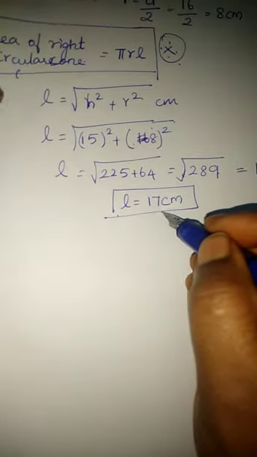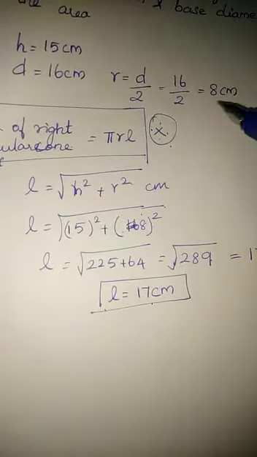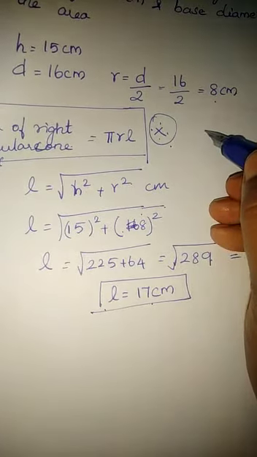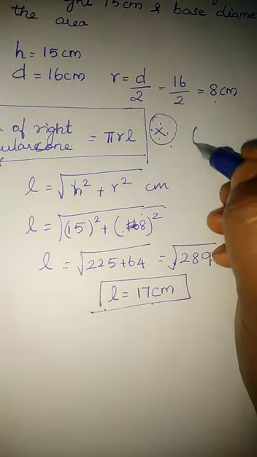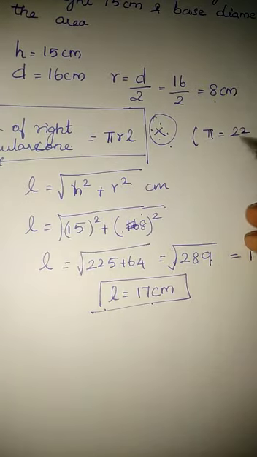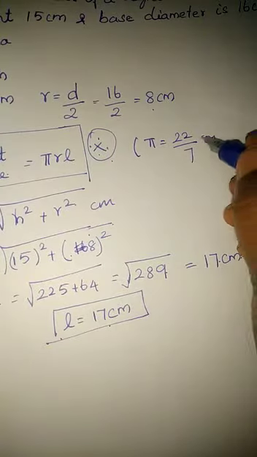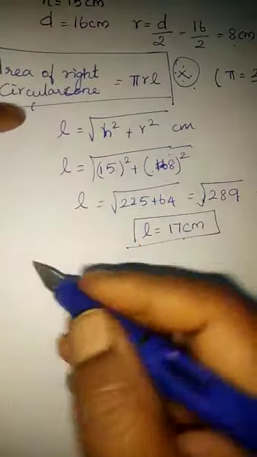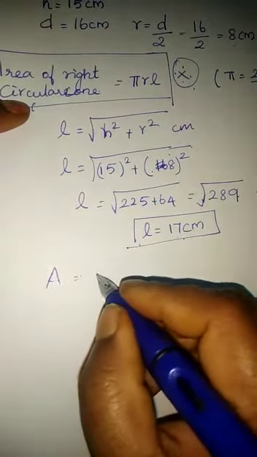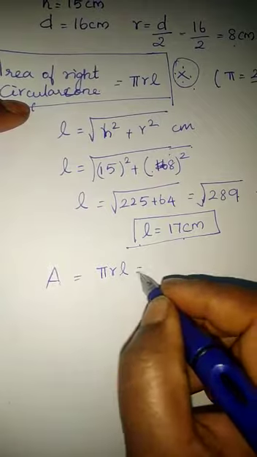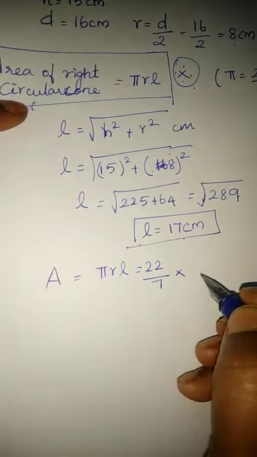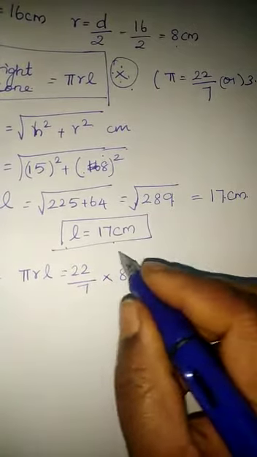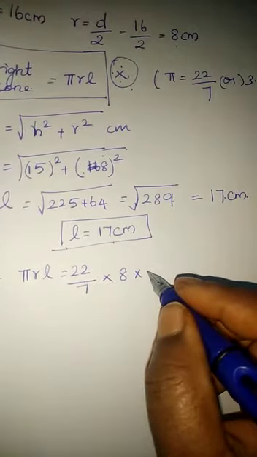By using this length, and we already found the r, and pi value is 22 by 7. We already know pi is equal to 22 by 7 or 3.14. Hence we substitute in this formula. A equal to pi r l, which is 22 by 7 into, what's the radius? 8. And what's the slant length? l.